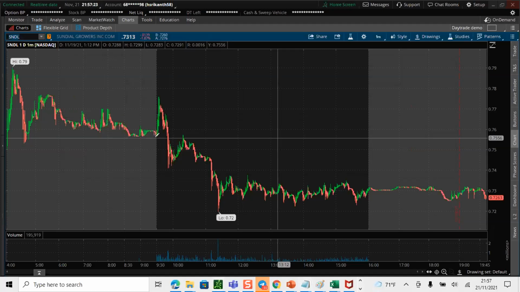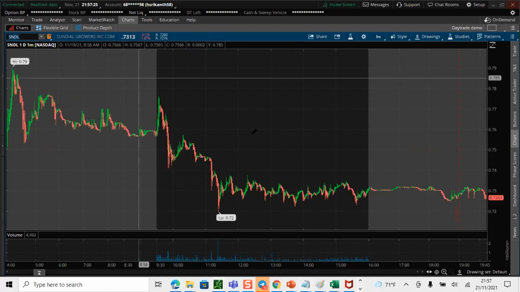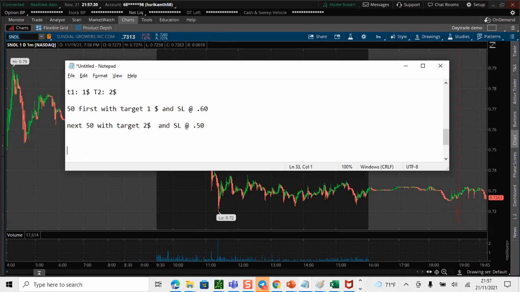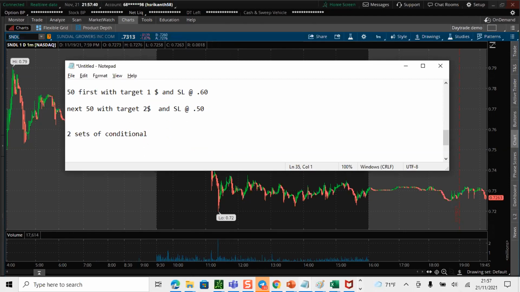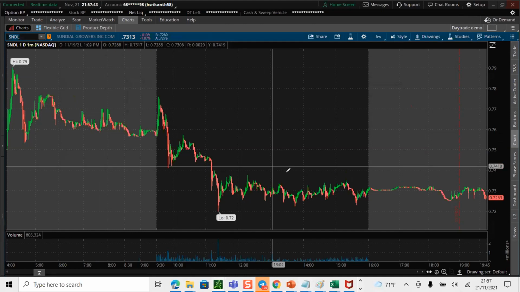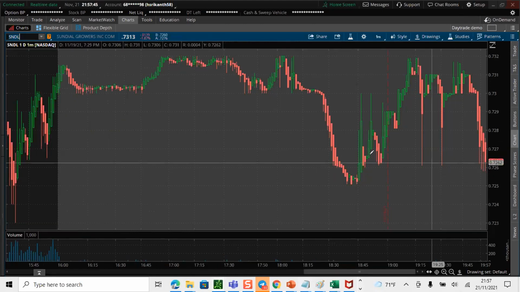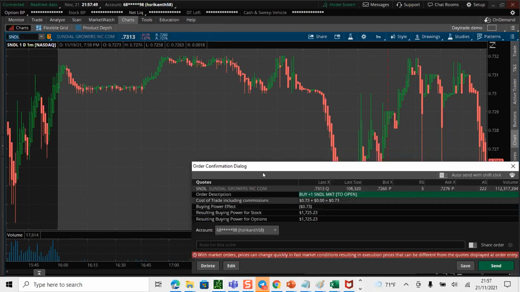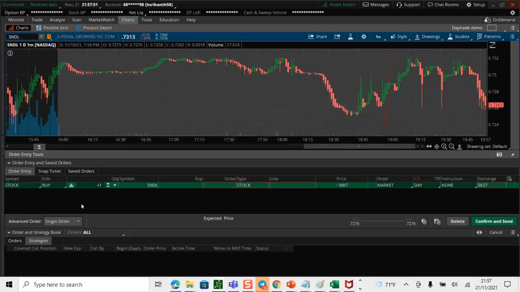You can split your order type. So basically, instead of just buying one order, one conditional order, I'm doing two sets of conditional orders. Everything is pre-planned. Right click. I'll just do the buy, edit, and I want to buy, let's say, limit.